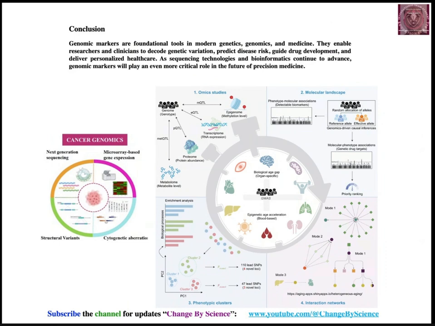They enable researchers and clinicians to decode genetic variations, predict disease risk, guide drug development, and deliver personalized healthcare. As sequencing technologies and bioinformatics approaches have advanced a lot and continue to advance, genomic markers will play even more critical roles in the future.